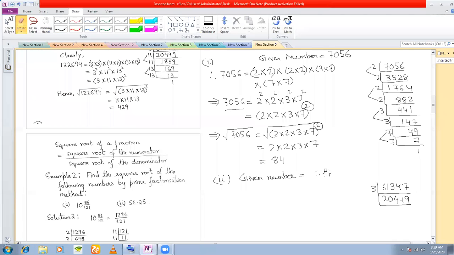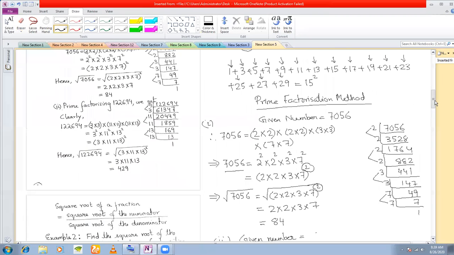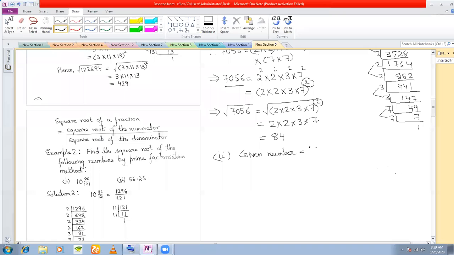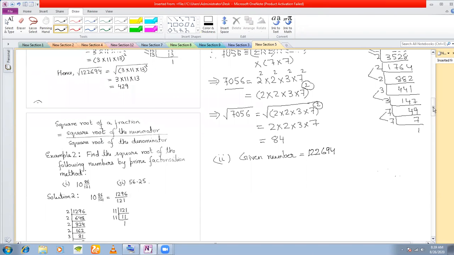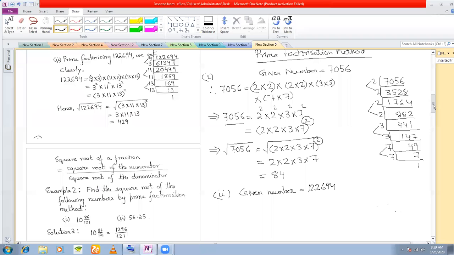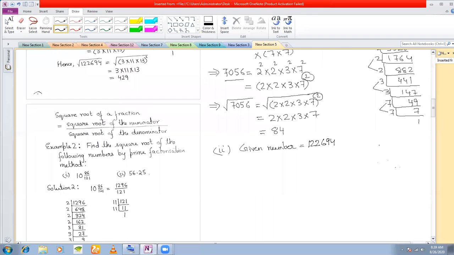Given number 122694. Prime factorize. The first obvious divisor is 2.